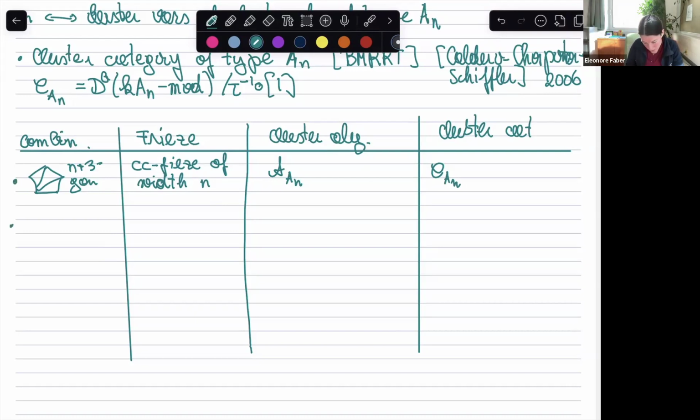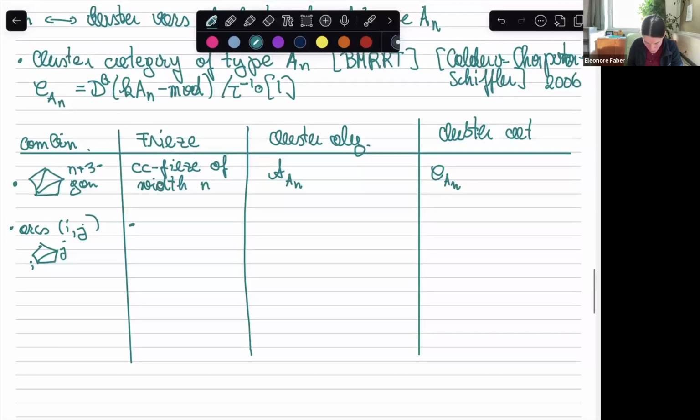Then in the combinatorial picture, we have the arcs. These are just from I to J. So if I have my polygon and an arc from I to J, then if I have my triangulated polygon, I'll take an arc in the triangulation, and this corresponds to a 1 in a multiplicative frieze.